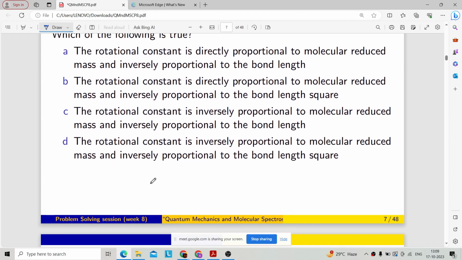Okay, we know from rotational spectroscopy the rotational constant is denoted as B naught.